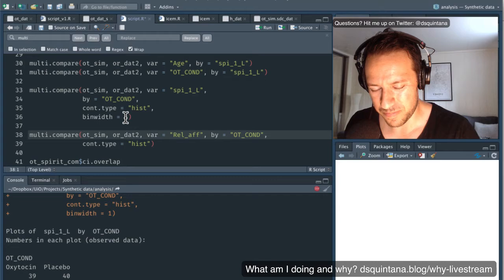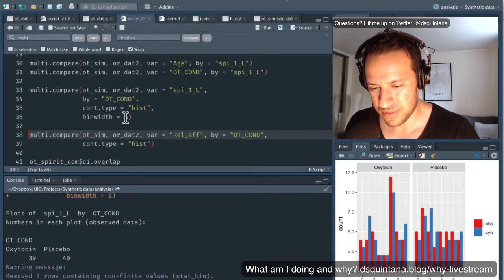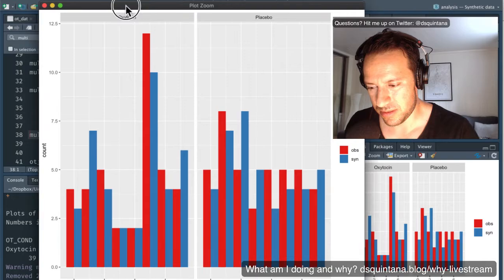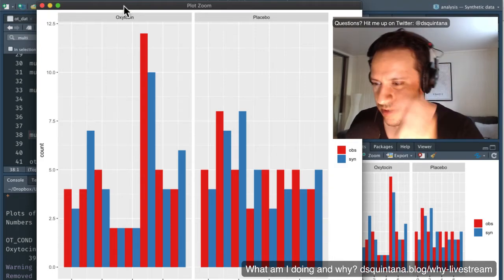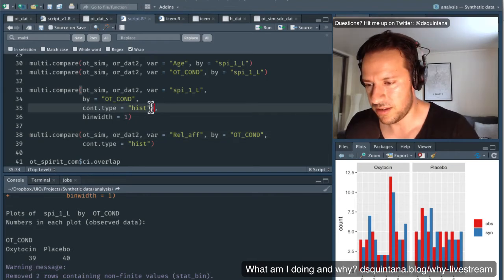See how that goes. Oh yeah. But it's not very clear because there's no gap between them. I don't know if I like that.